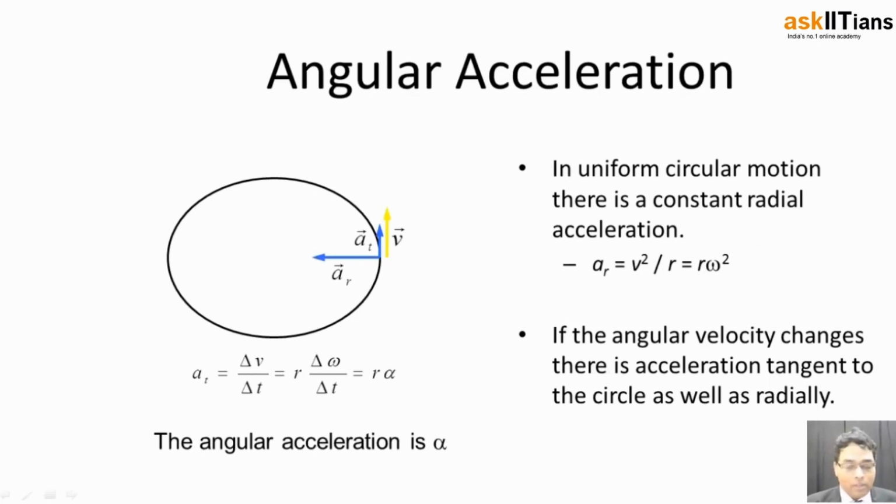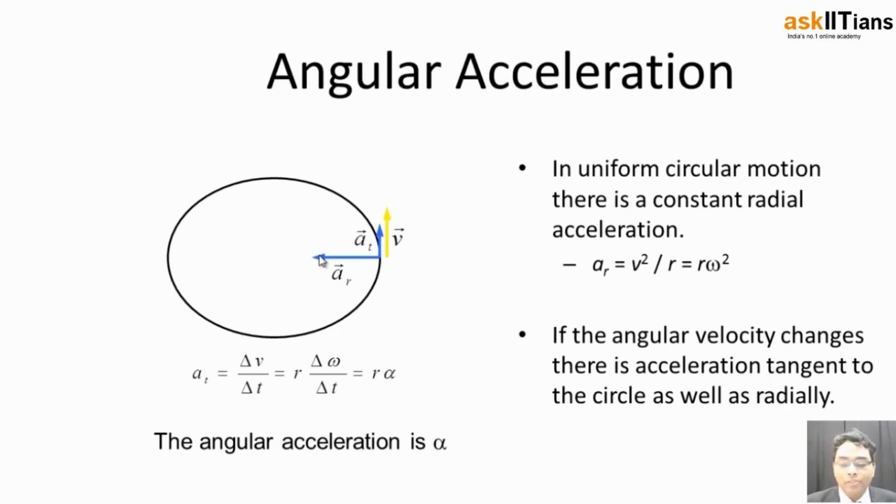Further, if the angular velocity changes, there is acceleration tangent to the circle as well as the radial acceleration. So this gives us the basic understanding of what is needed for radial or angular acceleration to actually take place, and that basically enhances the concept of rotational motion.